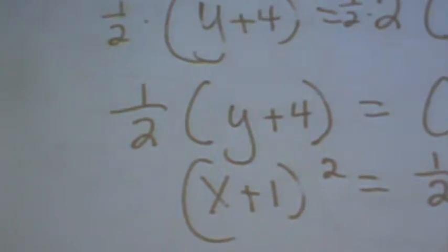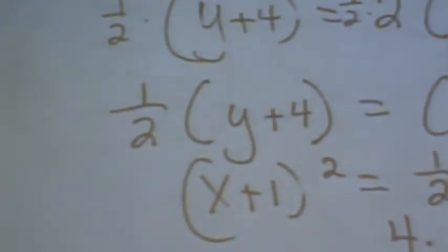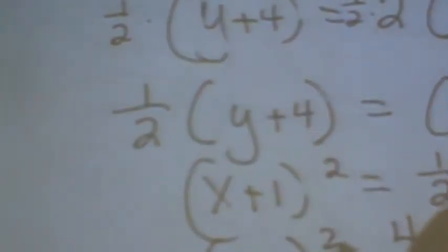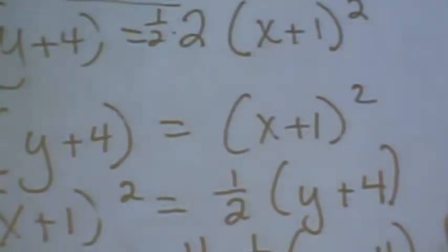Now you have to force the factorization of a 4. I need 4 times something to give me a half. I need that p-value. What is this? 1/8. So now I know my vertex is at -1, -4.